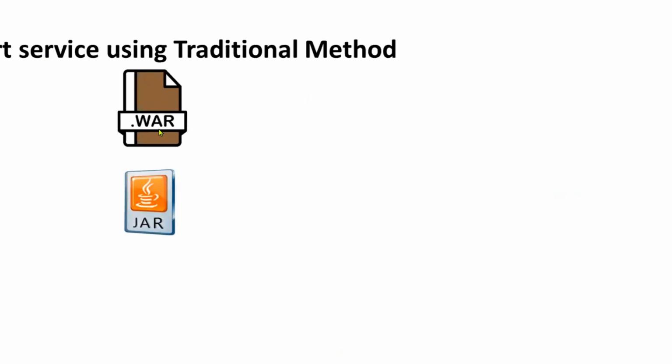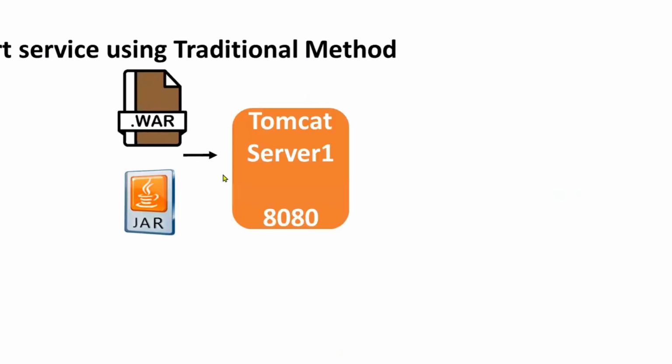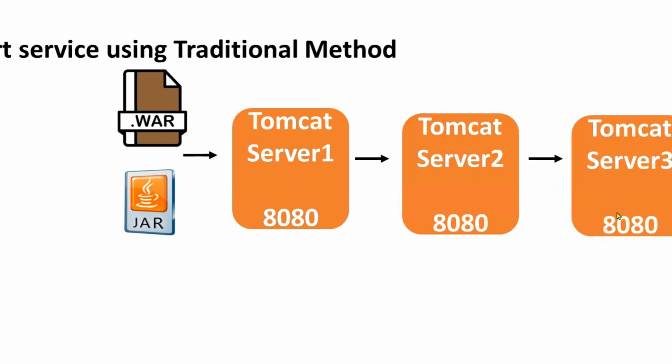Okay, coming on to the seventh one, that is port binding. What does port binding perform? Now see, in the traditional method, we used to export the service, either as a jar file or a war file, once it was developed by the developer. As a production support engineer or application support engineer, we used to deploy it on one server and another server and another server.